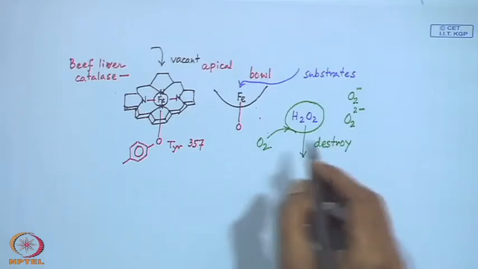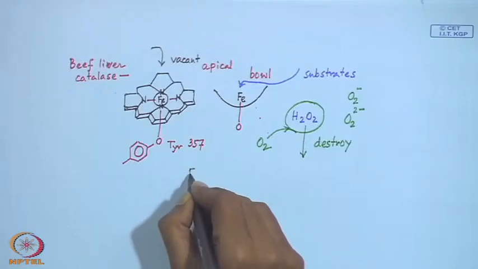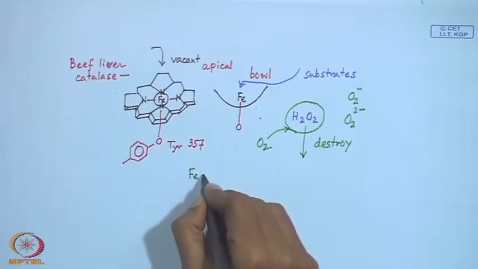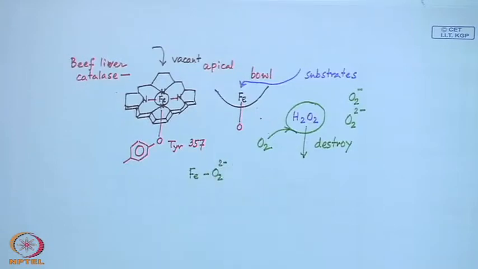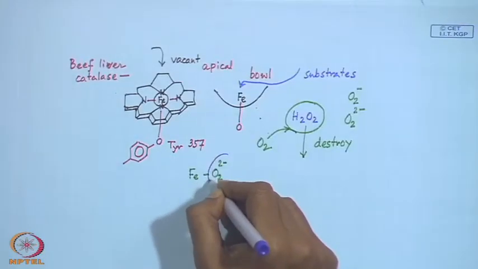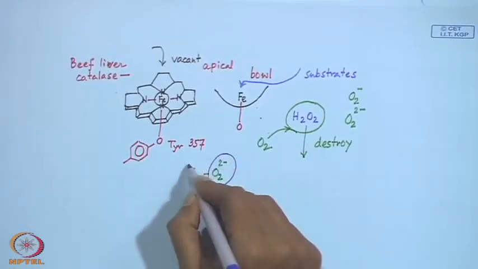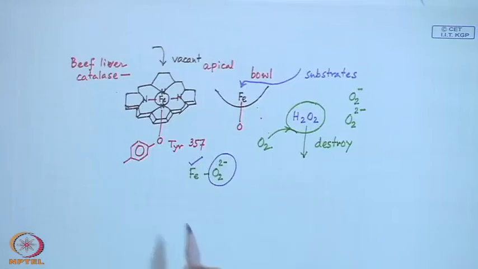But at the same time, if we have an arrangement with FeO2 2-, where the ferryl has not formed and the iron site is there, then you have activated hydrogen peroxide. We all know that various reactive species sometimes get activated with the use of a metal site, so this is iron-site activated hydrogen peroxide.